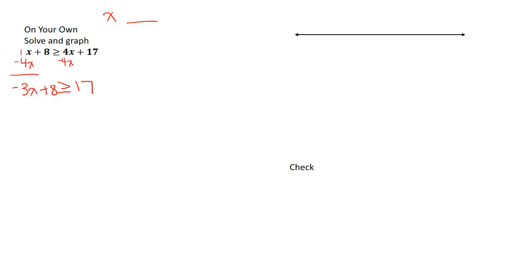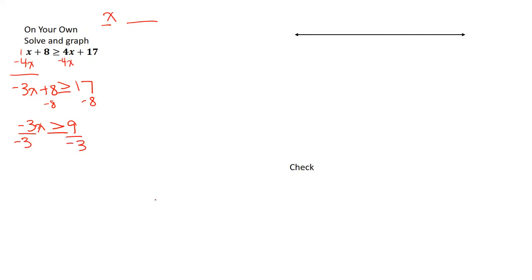All right, so our goal, like we said, is to have x equals something, and right now we have an 8 added to there. So let's subtract 8 from both sides, so that becomes 0. So now we have negative 3x plus 0 is greater than or equal to 9. All right, now we still haven't quite reached our goal of just x equals, so we need to divide both sides by negative 3.